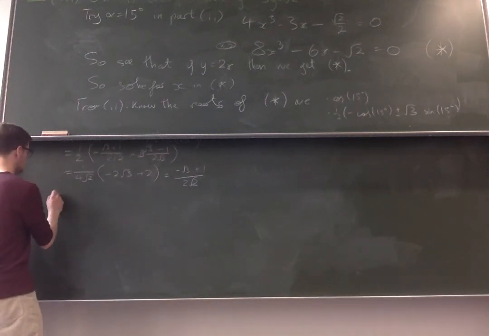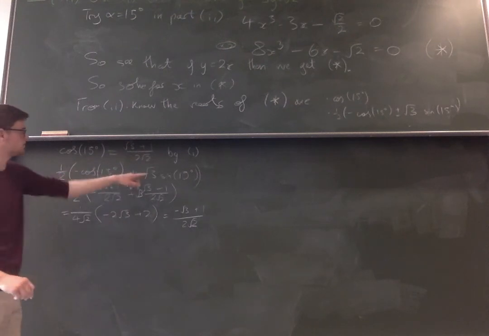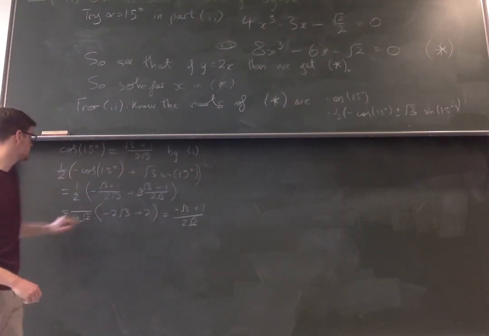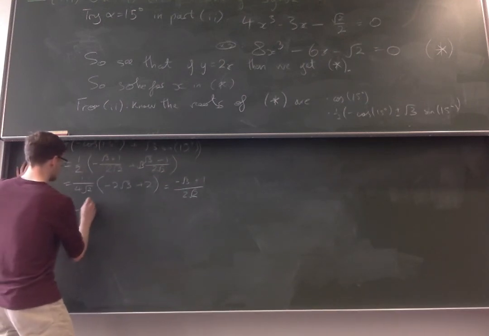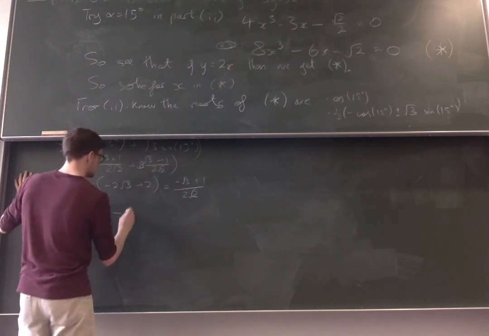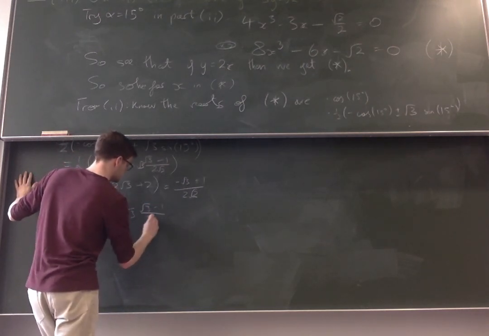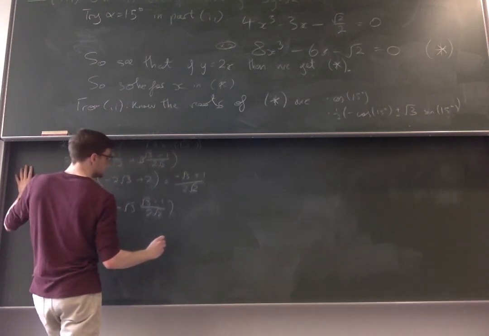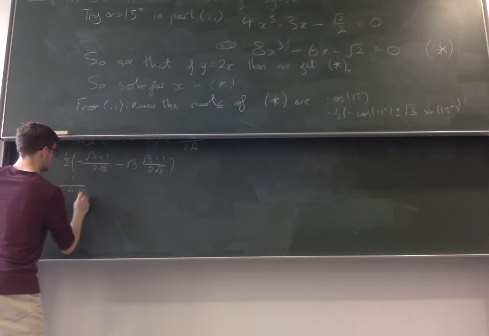Okay, fine. We've got one more to go. The other one was exactly this, but with a minus here. So I'm just going to skip to this line. So that's going to be a half times minus root 3 plus 1 over 2 root 2 minus root 3 times root 3 minus 1 over 2 root 2, which gets me 1 over 4 root 2.